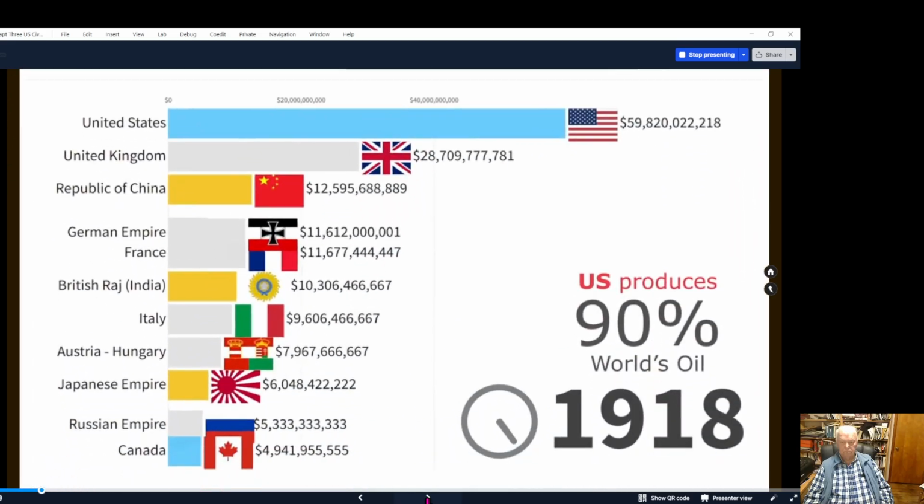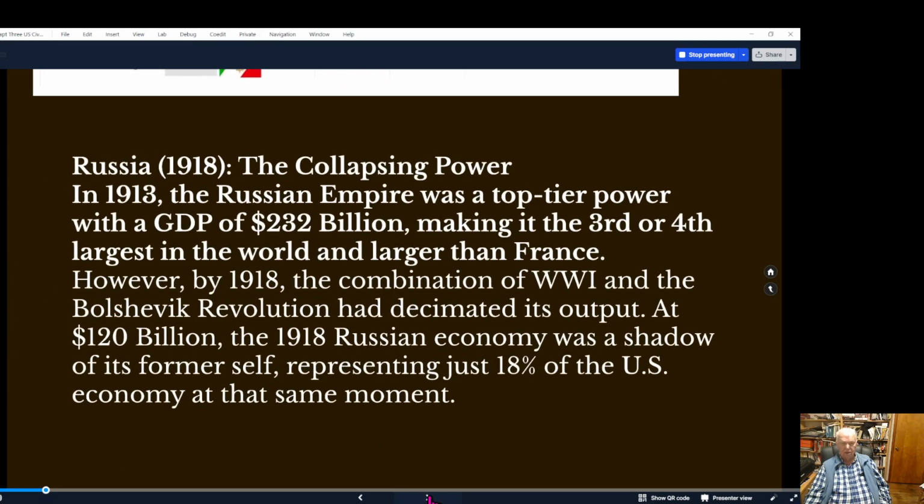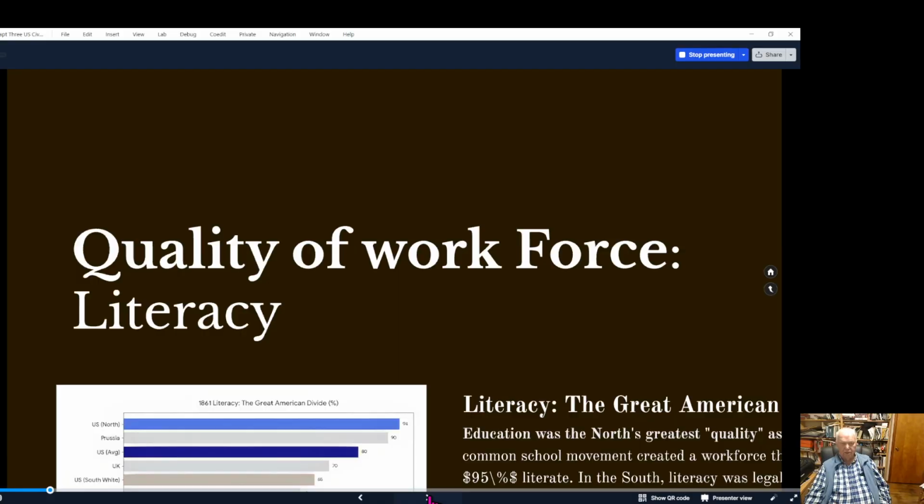And if you go to 1918, you see then a total change in the situation. You see the United States has just taken off into 60 billion. And if you look for the Russian Empire down here, a fraction, a tenth of what the US has. So a tremendous change in the GDP.